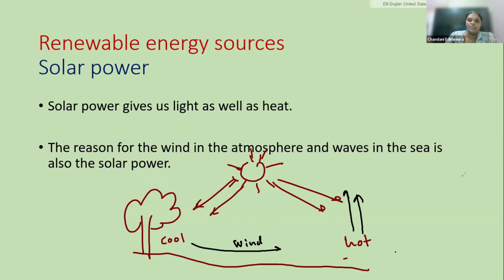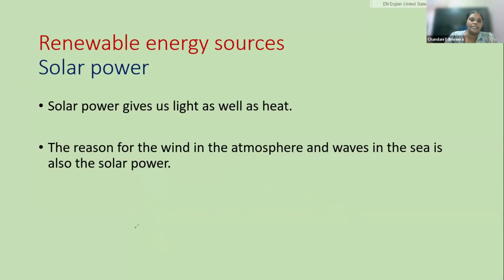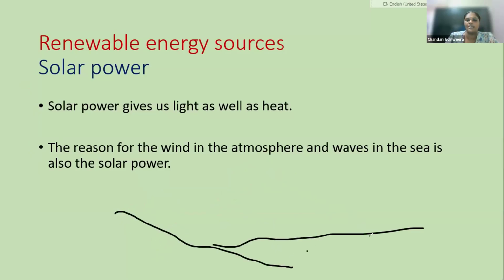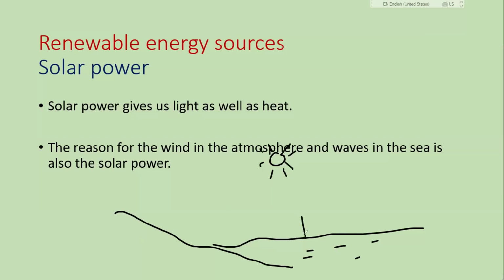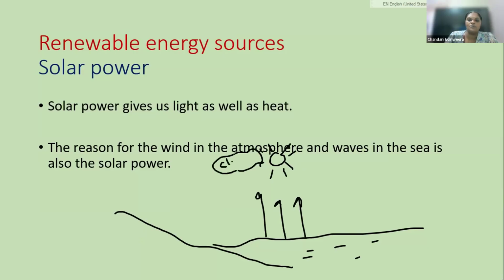So the wind is also formed due to the sun, and the sun also circulates the water cycle. How? When the sun heats the water, the water evaporates. After the water evaporates, it forms clouds through condensation, and from the clouds we get rainwater.